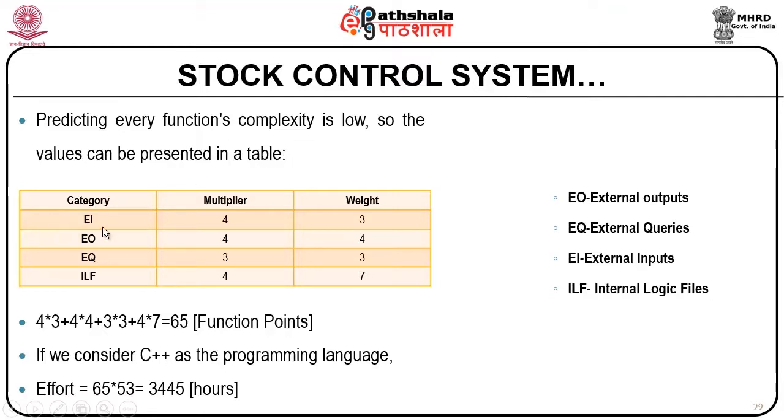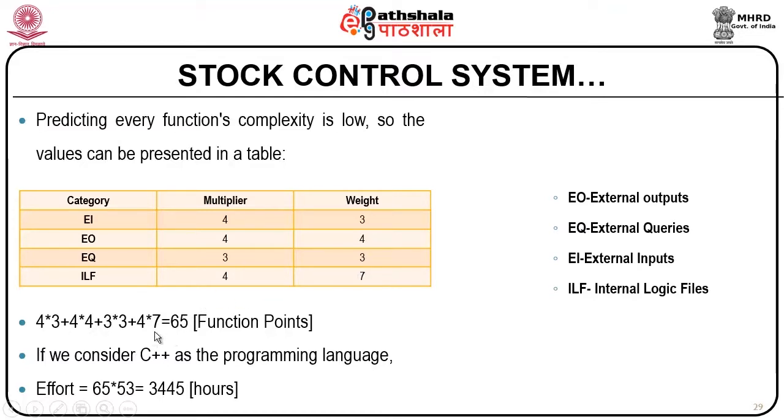External inputs: the multiplier is 4, the weight is 3. External outputs: the multiplier is 4, the weight is 4. External queries: the multiplier is 3, the weight is 3. Internal logic files: the multiplier is 4 and the weight is 7.